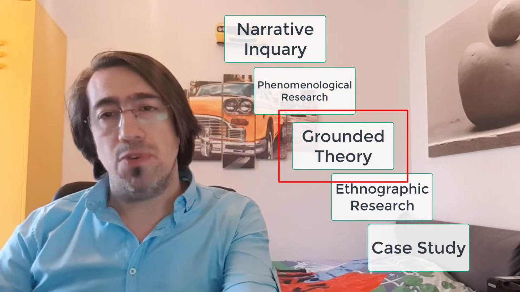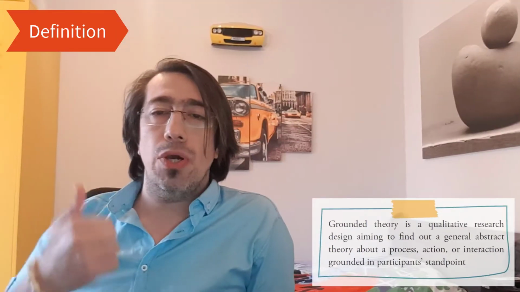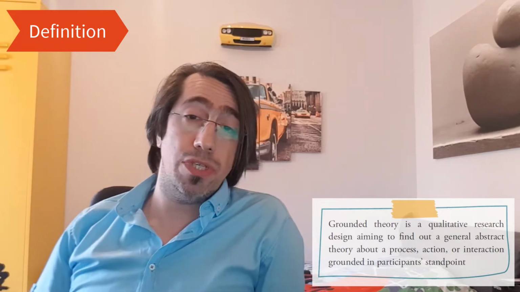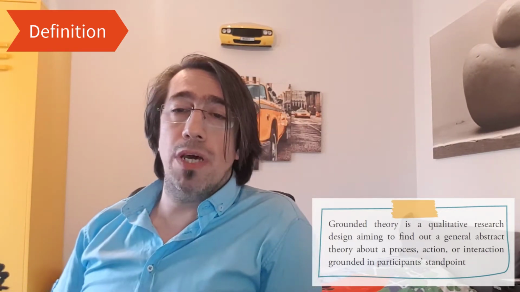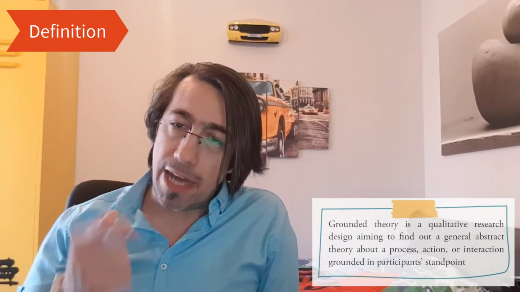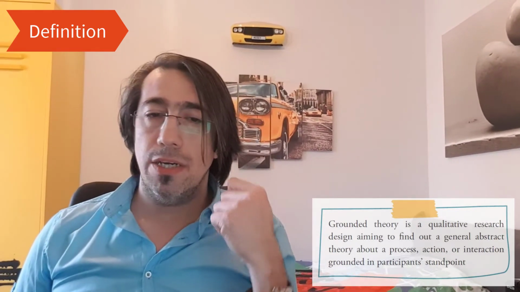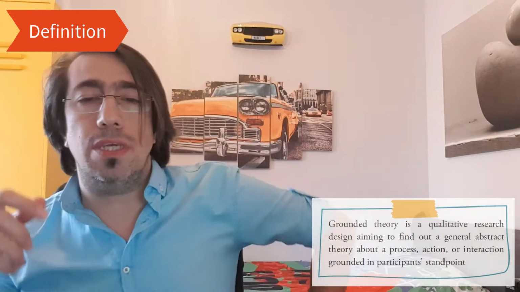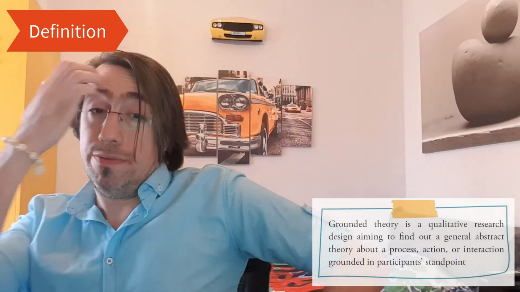First of all, I would like to start with the definition of grounded theory. I found different definitions from different books. One of them is this: grounded theory is a qualitative research design aiming to find out a general abstract theory about a process, action, or interaction grounded in participants' standpoint.